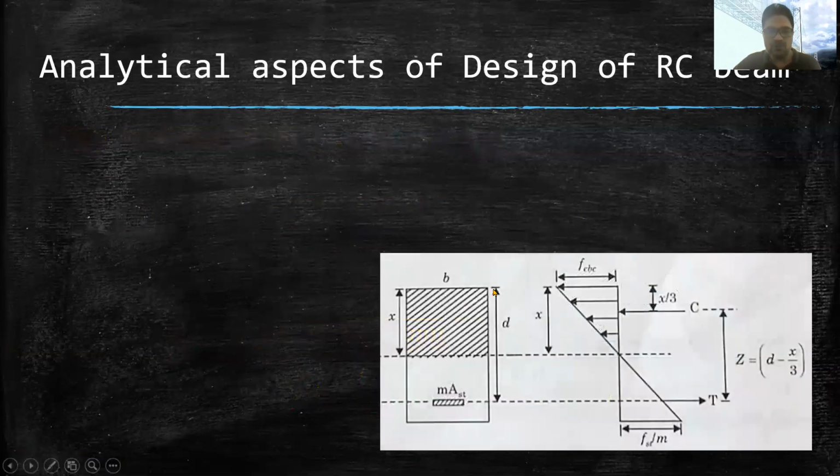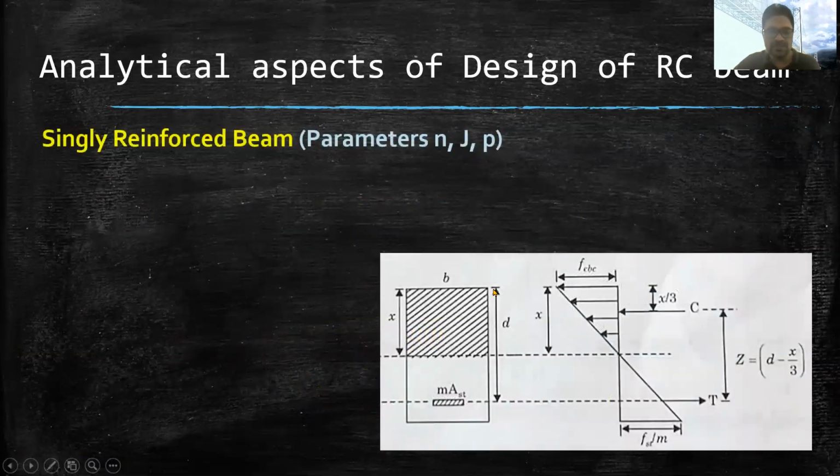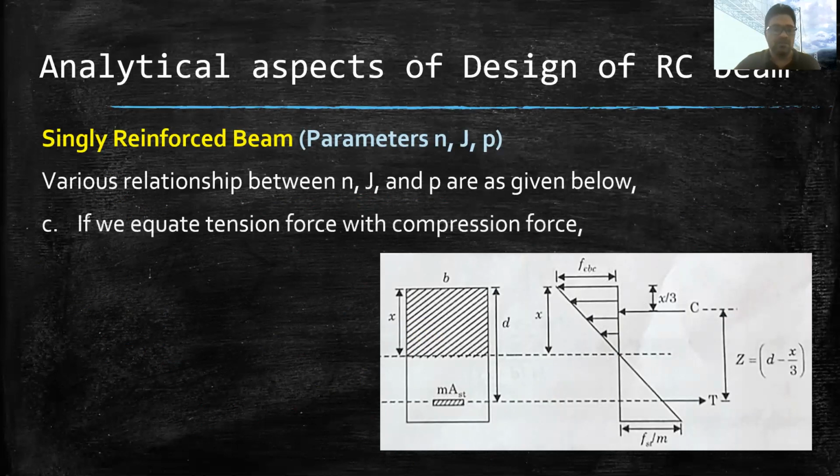Now the third relation: if we equate the tension force with the compression force, although we have equated it earlier also, now again to generate some other relationship, the tension force is the area of steel in tension multiplied by the stress in steel in tension.